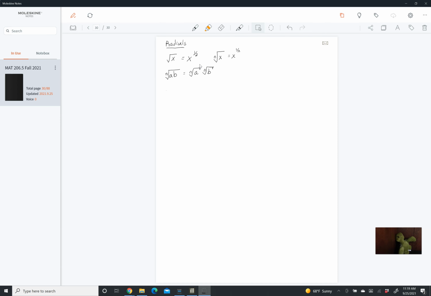If we had, for example, the square root of a times b, if you think about it in terms of exponents, that's the same thing as a times b to the 1/2. And we can distribute an exponent. It becomes a to the 1/2 times b to the 1/2, which is the same thing as square root of a times square root of b.